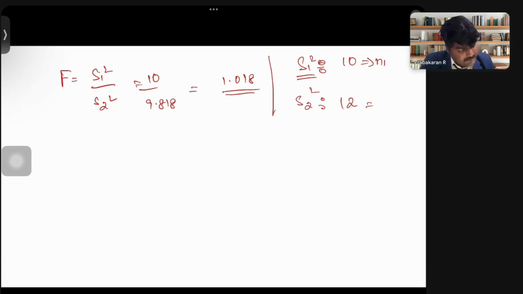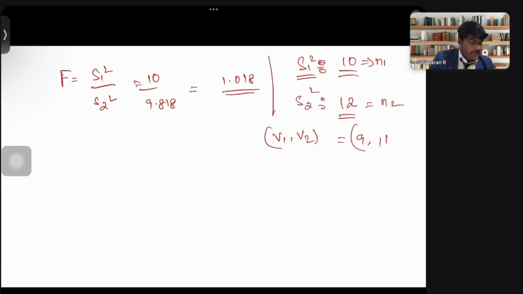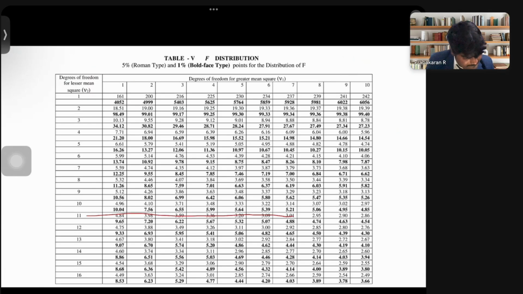So the degrees of freedom v1, v2 are 10 minus 1 is 9, 12 minus 1 is 11, so 9 comma 11. The table value is 2.90.